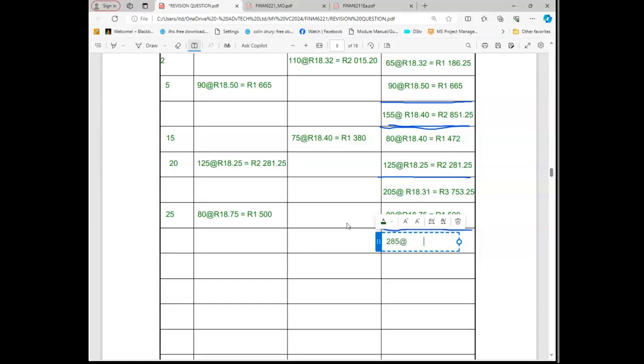Then you're gonna take the amounts and add them, which is 3,753.25 plus 1,500, which is then 5,253.25.